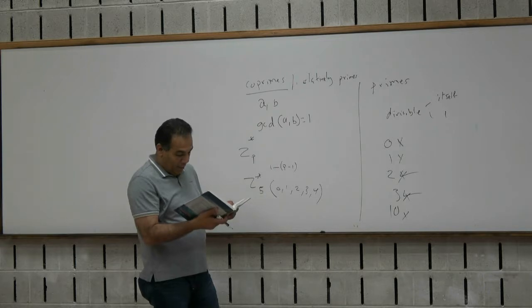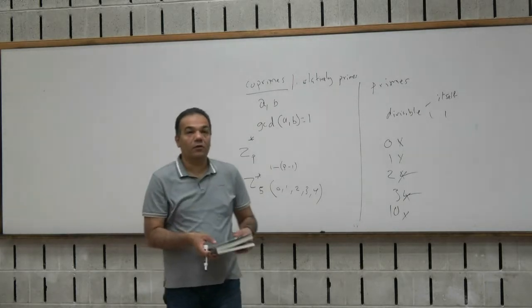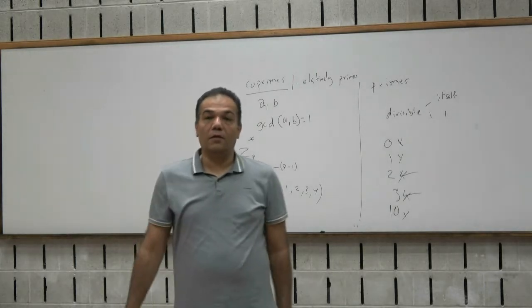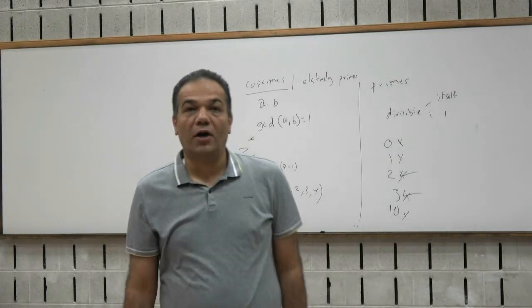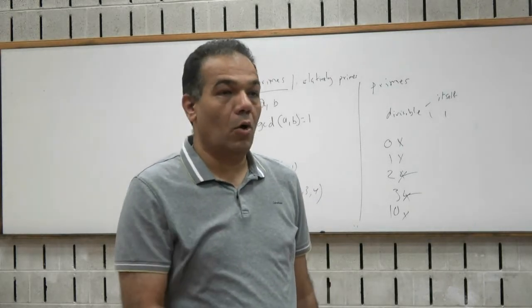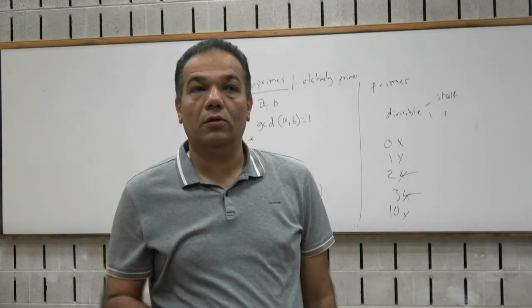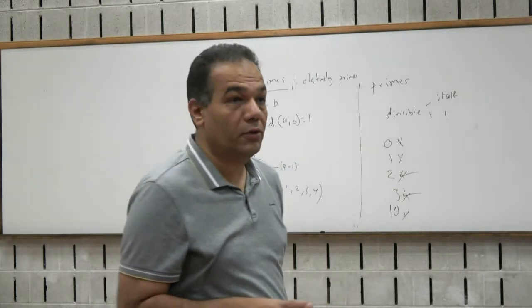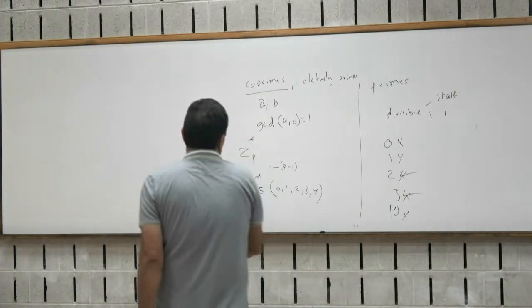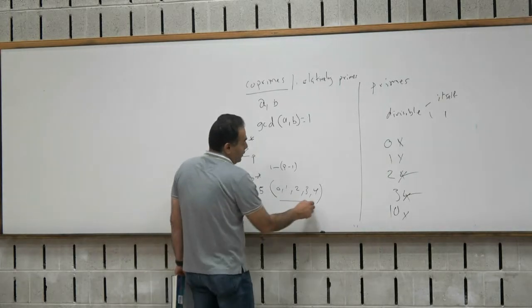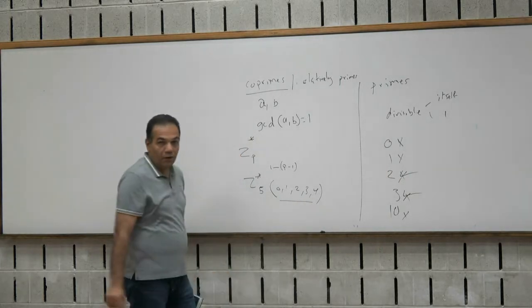How many co-primes do we have in a group of primes? All of them are co-primes.